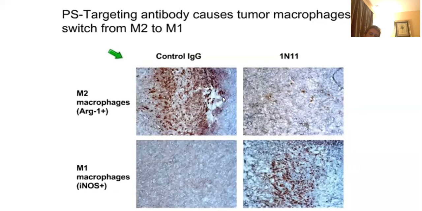Those are the controls, the ones that you don't give the therapies. Those tumors are very rich with M2 and MREG, and you will see little of M1, which is very critical and important to kill the cancer.